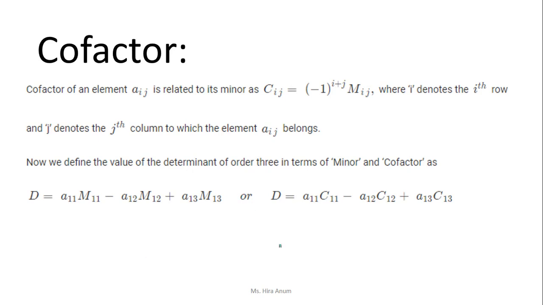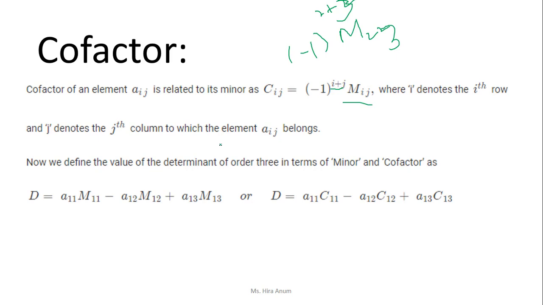In cofactors, you will find the minor and multiply with minus 1 to the power of their order. When you find the minor of 2 cross 2, then it will be 2 plus 2, which is positive. If you find 3 cross 2, then it is negative.